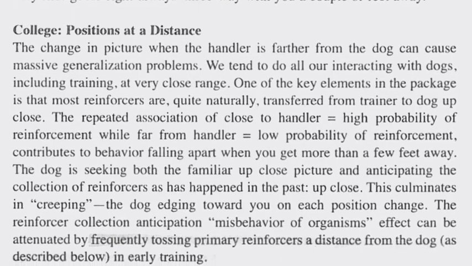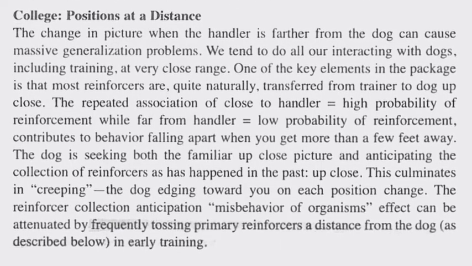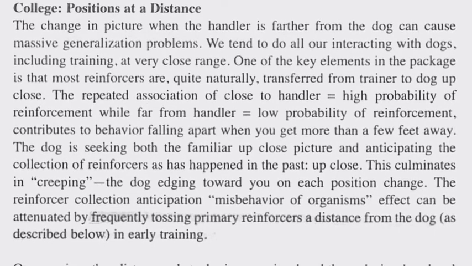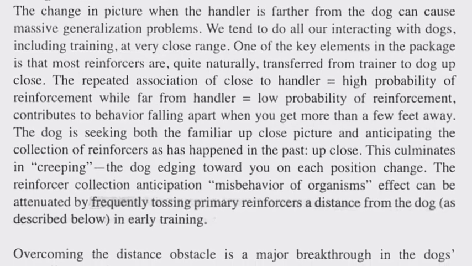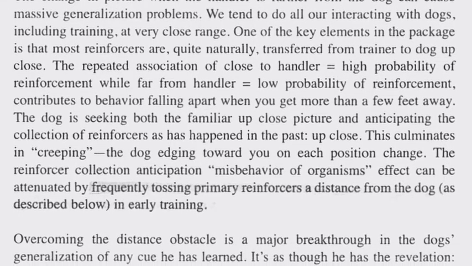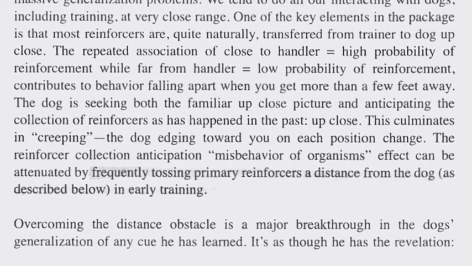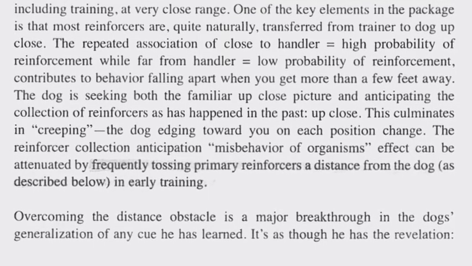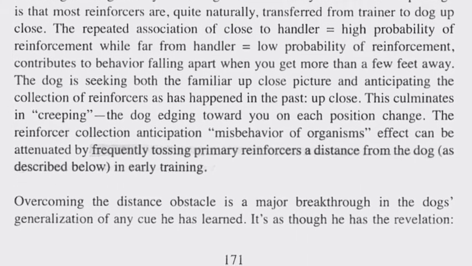The dog is seeking both the familiar up-close picture and anticipating the collection of reinforcers as has happened in the past, up close. This culminates in creeping of the dog, edging toward you on each position change. The reinforcer collection anticipation misbehavior of organisms effect can be attenuated by frequently tossing primary reinforcers a distance from the dog, as described below, in early training.